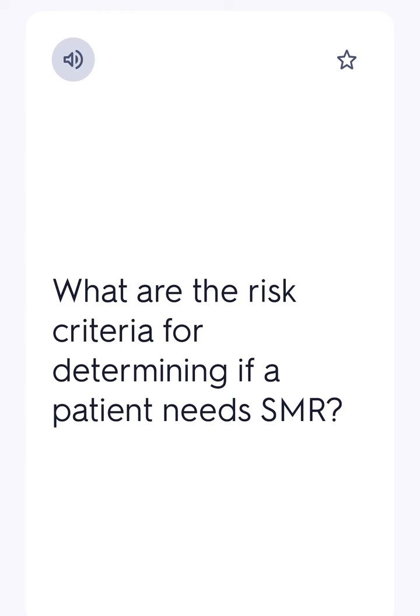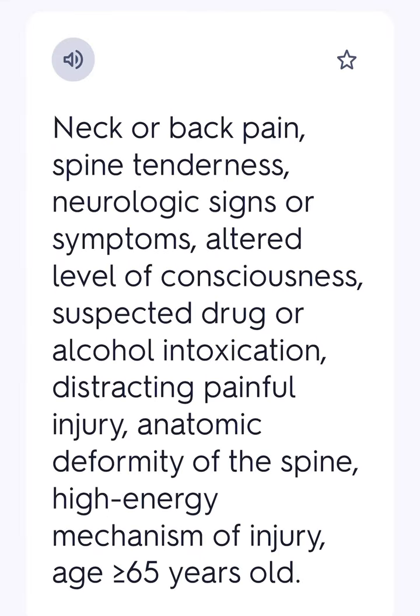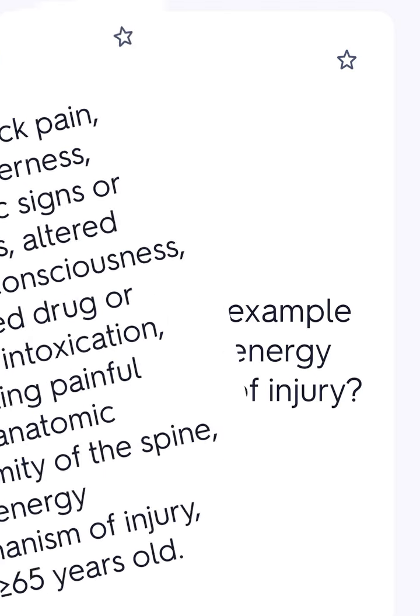What are the risk criteria for determining if a patient needs SMR? Neck or back pain, spine tenderness, neurologic signs or symptoms, altered level of consciousness, suspected drug or alcohol intoxication, distracting painful injury, anatomic deformity of the spine, high energy mechanism of injury, age greater than or equal to 65 years old.